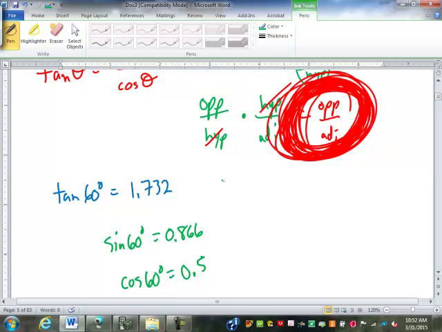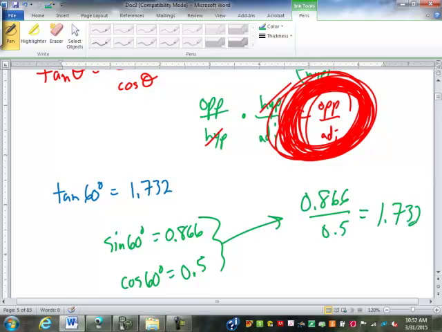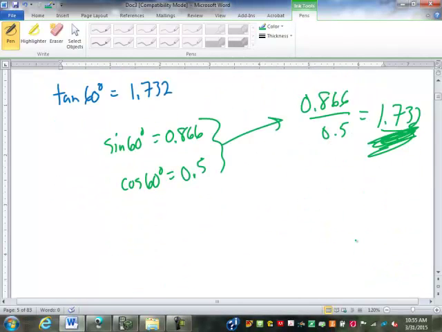Let's test this out. We just said tangent is sine divided by cosine. So if I take these here, what do I get if I take 0.866 divided by 0.5? 1.732. Okay, so that one works out.